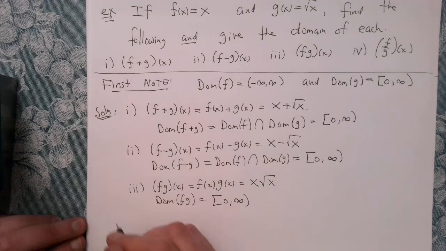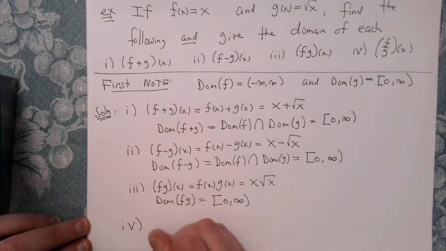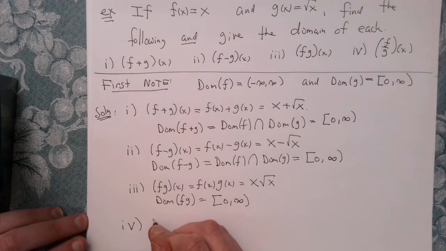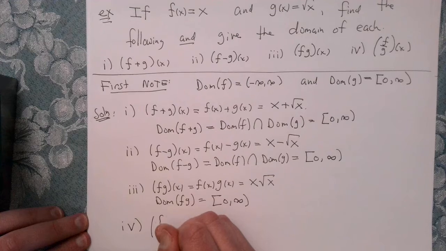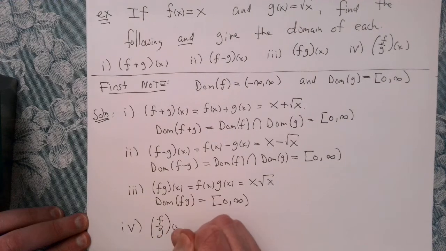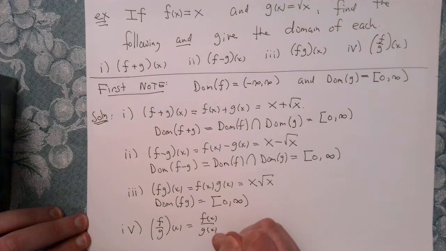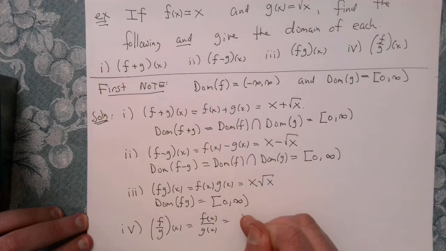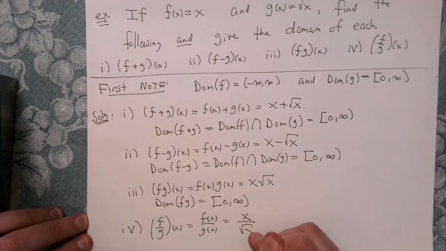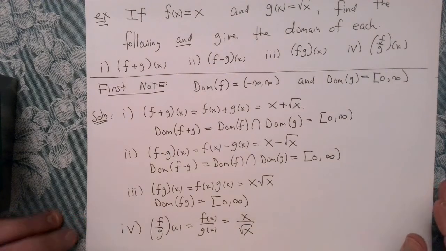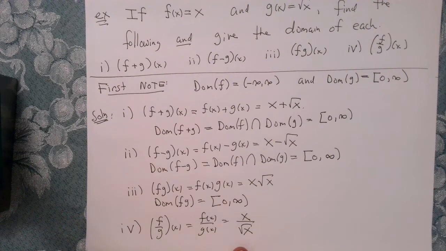And then let's take a look at the product. I'm sorry, the quotient. We just saw the product, so here's the quotient. So this is exactly f of x over g of x. And so here we have to be careful. So even if this reduces, we have to be careful.